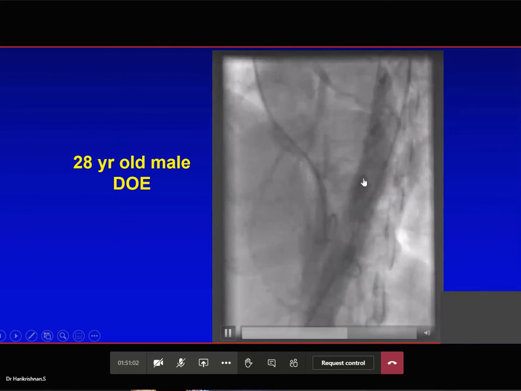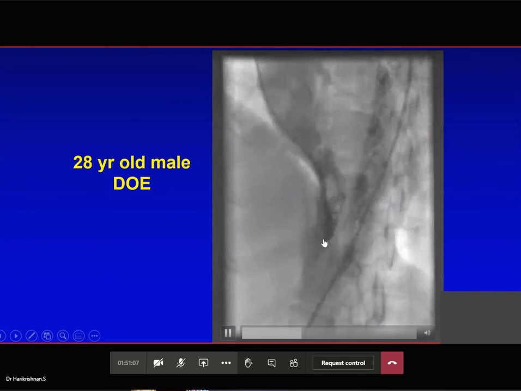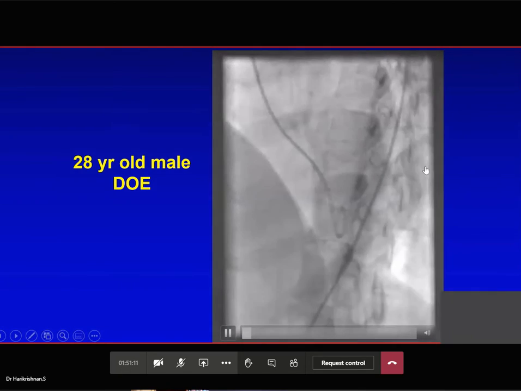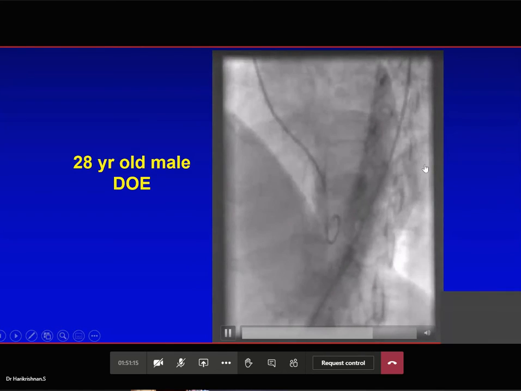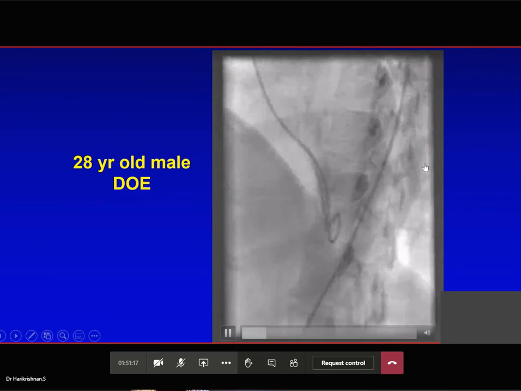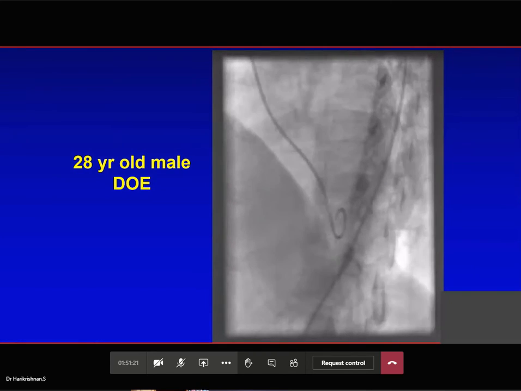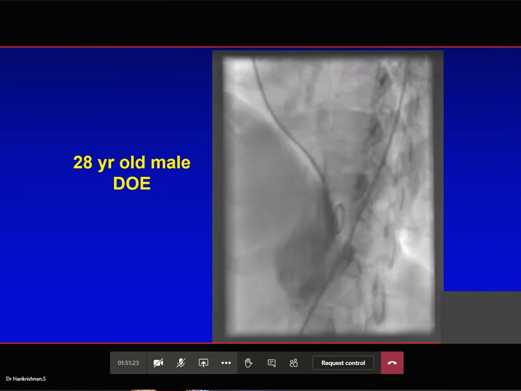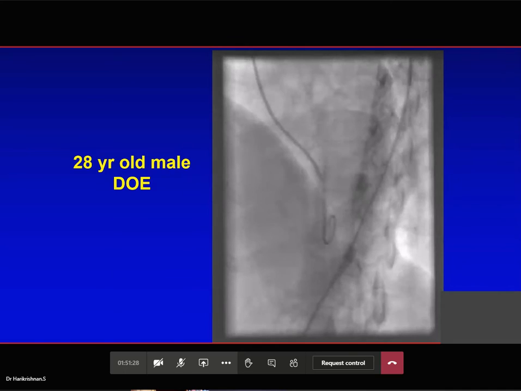This is a lateral view, sir. We can see the catheter. Not lateral, this is an LAO view. You can see the spine here. Cranial view. Yes, sir. The pigtail catheter course is aorta, arch, ascending, and then LV, sir. And we can see the LV angiogram, sir. But there is an LVOT obstruction, sir.